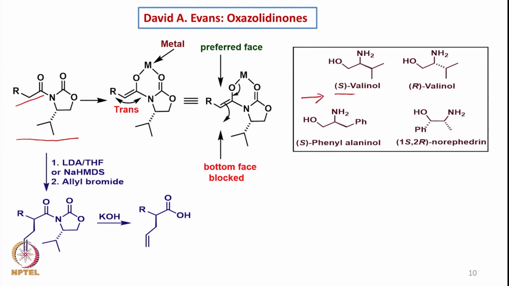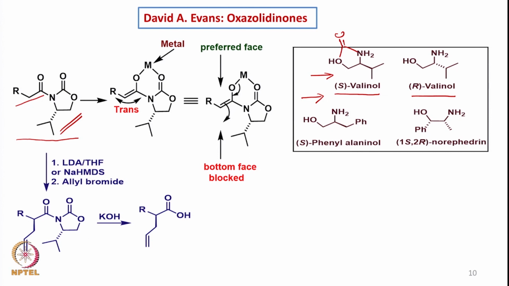If you start with S-valinol or R-valinol, then as you can see, this particular auxiliary shown here is prepared from S-valinol, and if we convert this oxygen and nitrogen and make it a carbonyl group here, then we get an auxiliary like this.